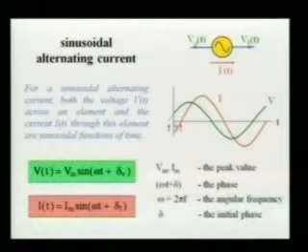Now we can actually figure out, what is the initial phase of the voltage? Is it positive, negative, or 0? Who votes that it's positive? Who thinks that it's negative?